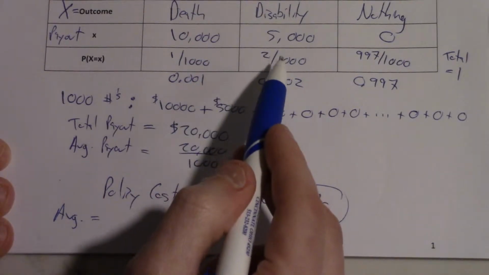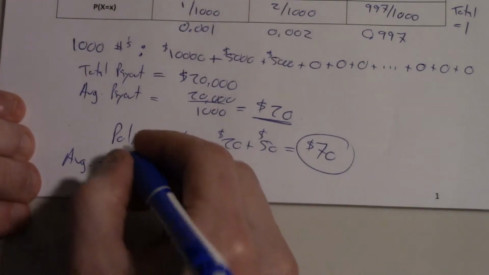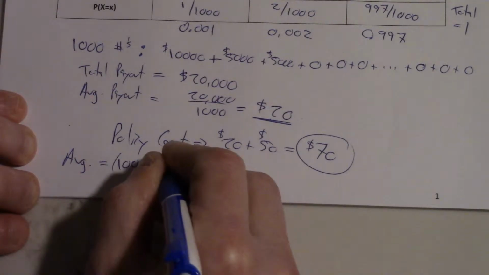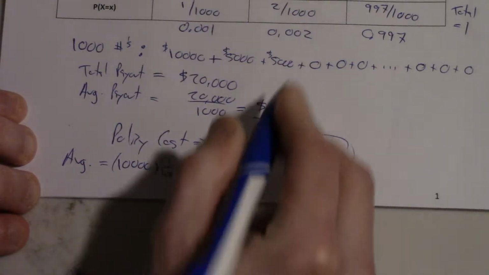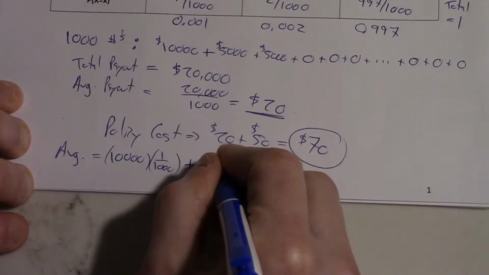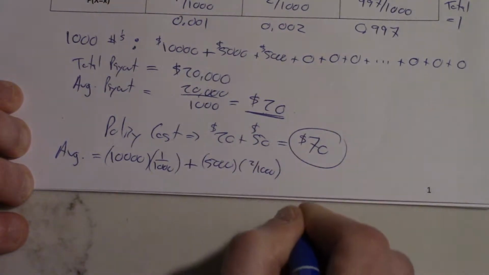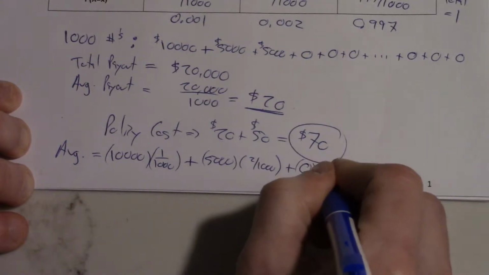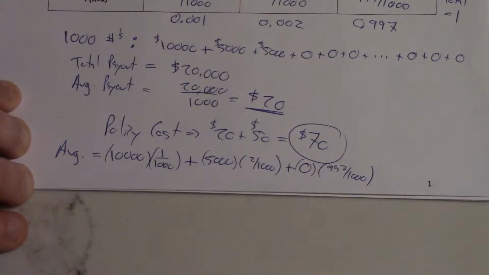You do that for each pairing, and then you add up all of those products. So we start with the first one. We'll do 10,000 times 1 out of 1,000, plus the next one, 5,000 times 2 out of 1,000, plus the last one, 0 times 997 out of 1,000.